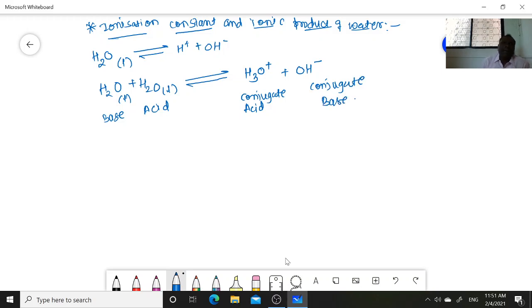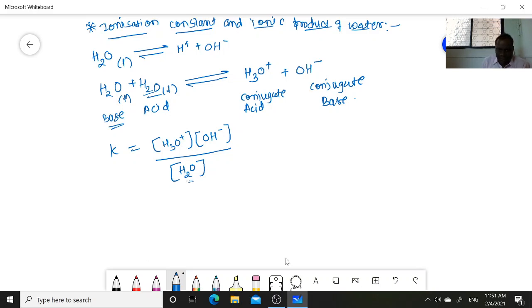By applying the law of equilibrium again for this reaction, K is equal to the concentration of H3O plus multiplied by the concentration of OH minus divided by the concentration of water. Remember that there are two water molecules, but water is in large amount, therefore only one concentration of water is taken.